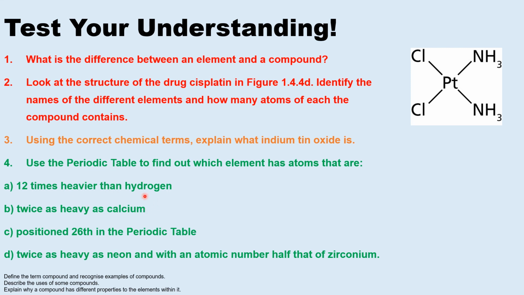So you need to find hydrogen and find its mass, and then find an element or several elements that are 12 times heavier than hydrogen, twice as heavy as calcium, positioned 26th in the periodic table, so that would be the atomic number 26, just to give you a hint there, twice as heavy as neon, and with an atomic number half that of zirconium. So you need to find these elements, find out their masses, and then work out what the answers are from those, and then come back when you have done that.